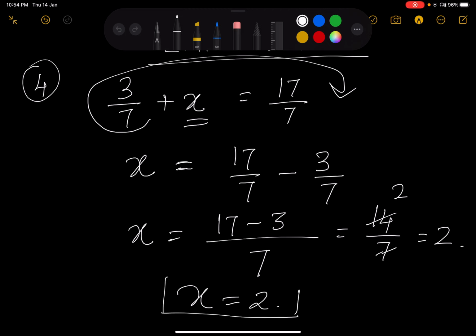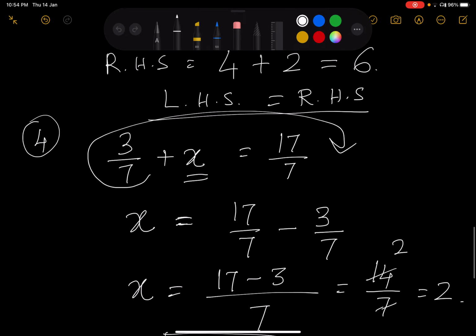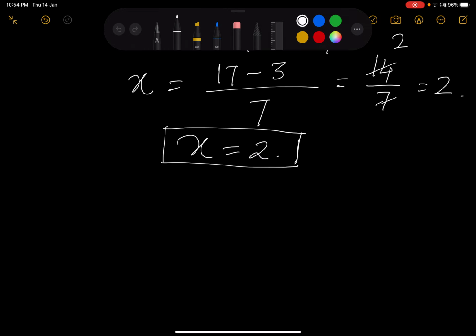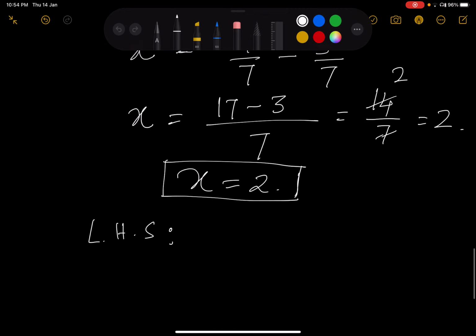So if you want to verify now whether left hand side is equal to right hand side, you can put that left hand side is equal to what is given in the question. It is 3 by 7 plus x. So put the value of x, 3 by 7 plus 2.